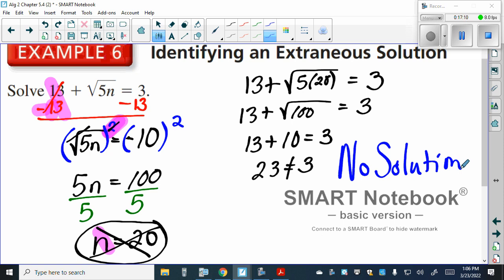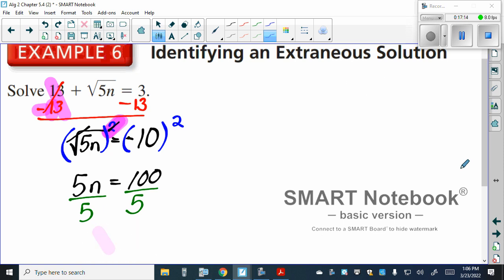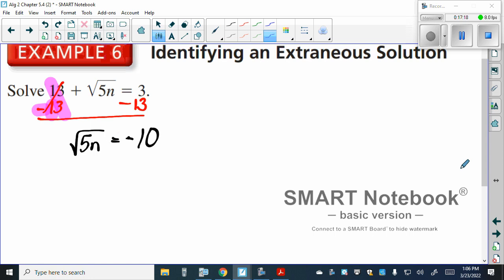All right. I'm going to back up a step on this one and go all the way back to here. Now we said, kind of in some of the previous ones, I can't take the square root of a number or an expression and get a negative number, yes?